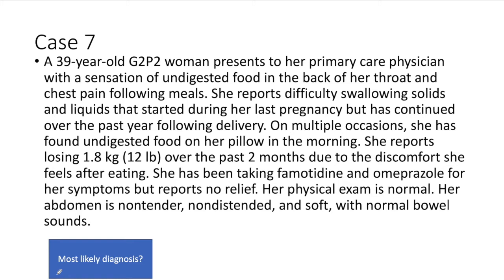Some of the things that we can use to differentiate between esophageal webs and achalasia: with esophageal webs, patients are going to have difficulty with solids only, versus achalasia or neoplasms where both liquids and solids can't progress past that obstruction. So for this particular patient, she reports difficulty with solids and liquids.